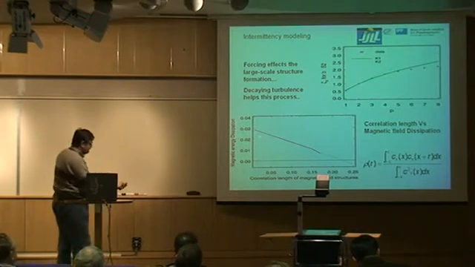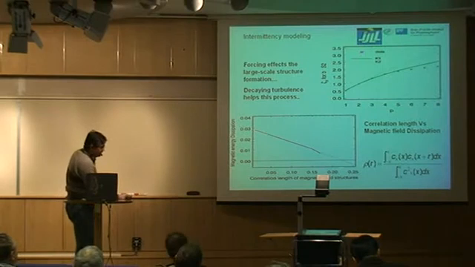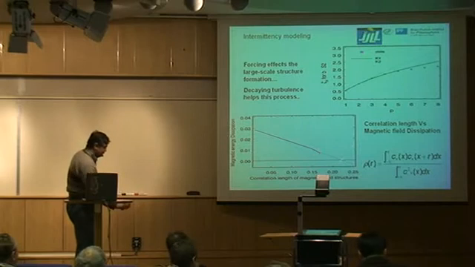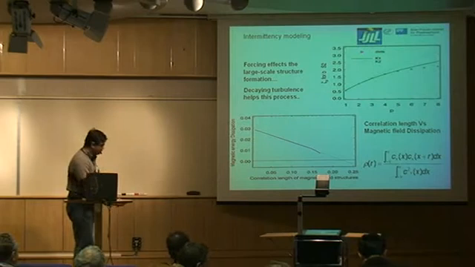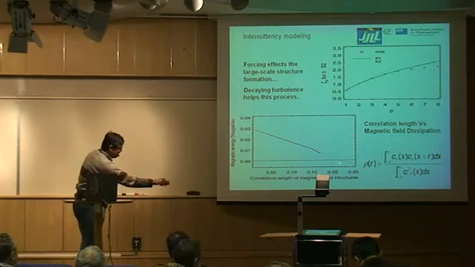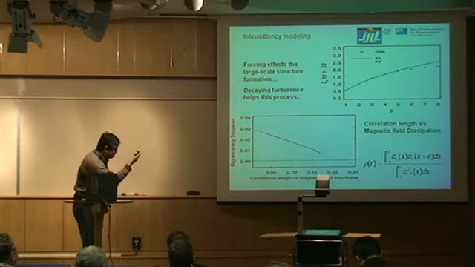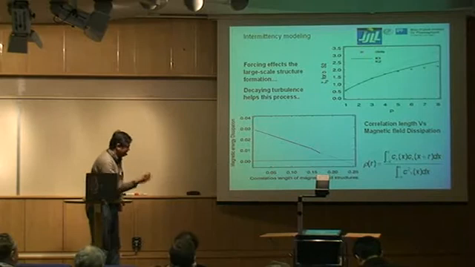And I see that as correlation length increases, the magnetic dissipation decreases. So there can be a state where magnetic dissipation totally goes to zero here. Ignore the part here because the extrapolation fit just went through the zero line.